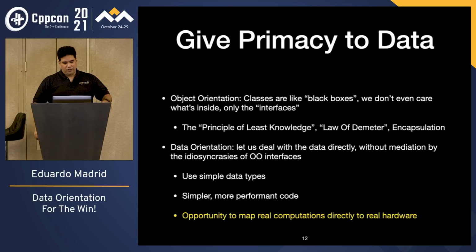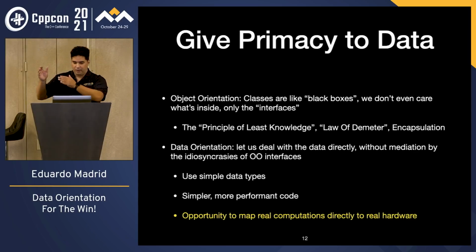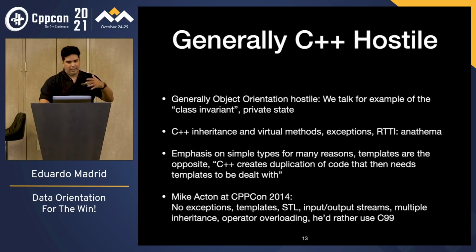Now, data orientation will attempt to use simple data types to attempt to get simpler and more performant code. And we had to capture the opportunity to map real computations to real hardware directly. Okay. The people that do data orientation, as I said, is hostile. I'm going to skip this slide.